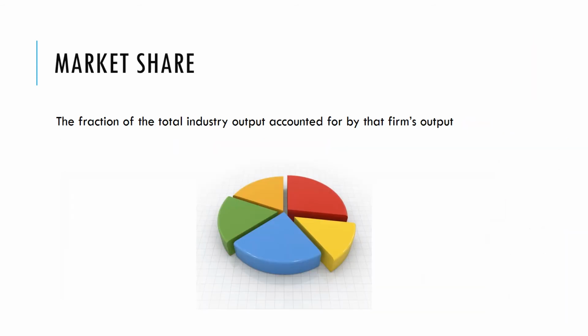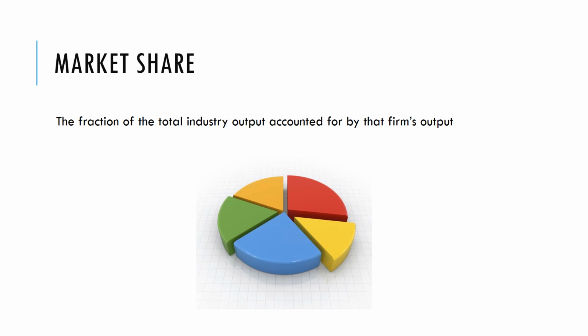The term market share is the fraction of the total industry output accounted for by that firm's output. In perfect competition, instead of having five companies that make up the market share, there are going to be a lot more, and they'll all have a much smaller piece of that pie. So market share will be very small for every single firm in that industry.